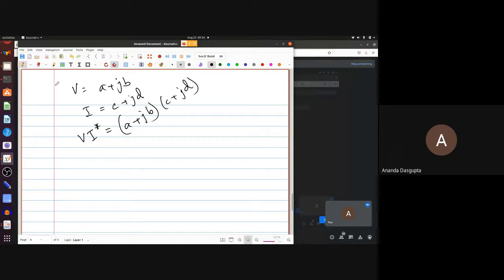and you're only interested in the real part. So the real part comes from multiplying the real parts and the purely imaginary parts. So AC plus BD. That's a simple calculation, although it is much easier to do in the polar form.